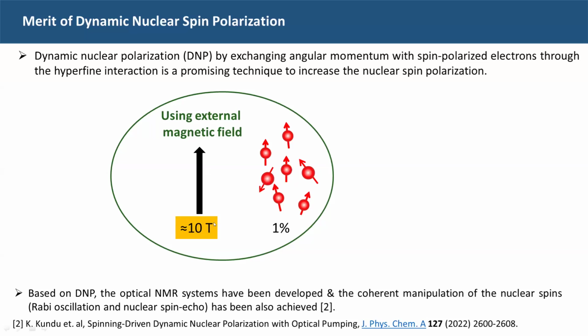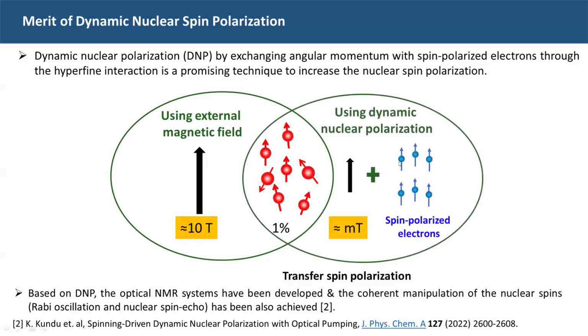Imagine, this is a very, very huge static magnetic field for a device application. So in dynamic nuclear polarization, instead of applying this external magnetic field, we exchange angular momentum from spin-polarized electrons through the hyperfine interaction. If you can succeed in transferring the spin angular momentum from a bunch of spin-polarized electrons to the nuclear spin, then you can cancel this high static magnetic field, and you just need to apply a few millitesla, which is very useful for application.